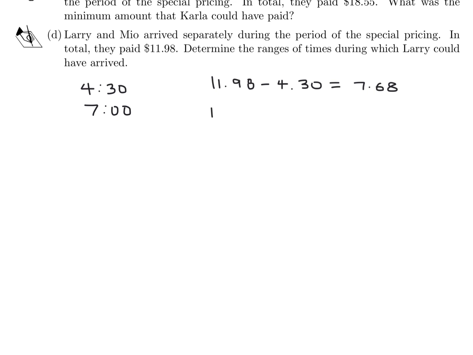Let's try the other extreme, which is 7 a.m., which is when the pricing ends, and that's 4.98. Now 4.98 could be a price, but it can't be a time, right? Okay. So what do I do here? How about 5 o'clock? Let's see what happens with 5 o'clock. That would be $5 even. That is 6.98. 6.98 can't be a time.